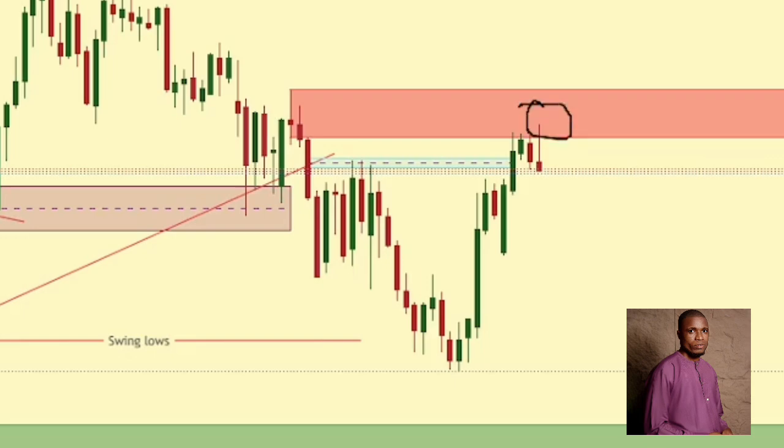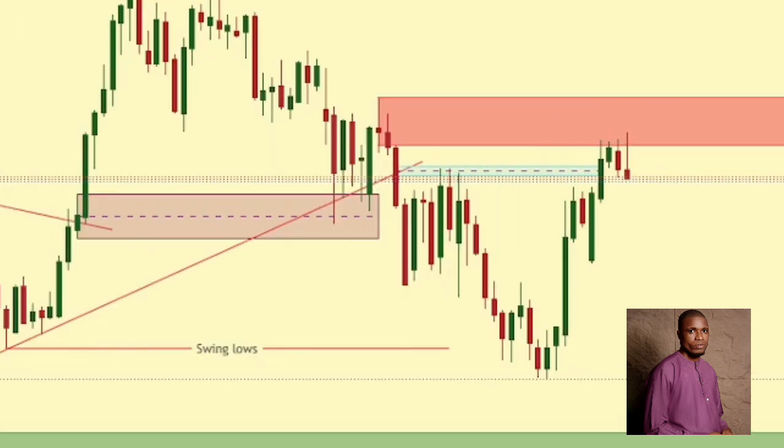Price is currently reacting from the daily supply zone, and this zone is not just any zone. It is a valid one. Why? Because it did three key things.